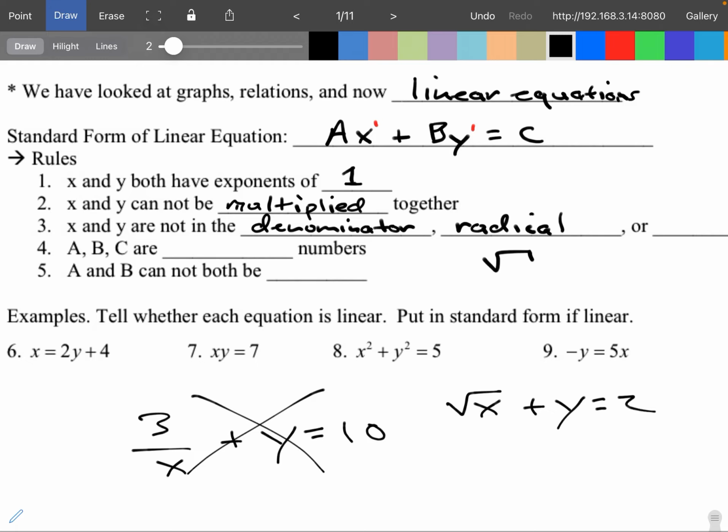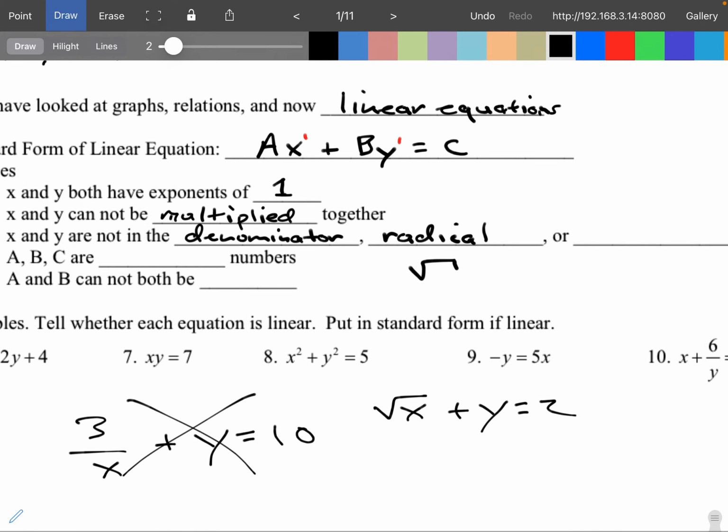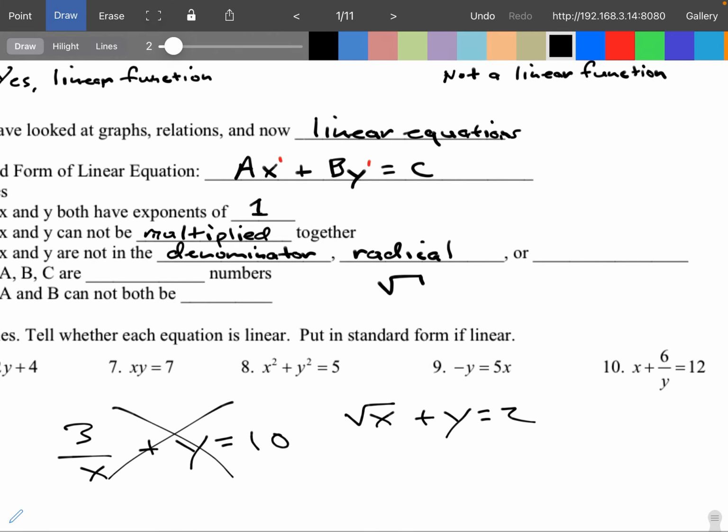And then x and y cannot be in a radical. A radical is like a square root or a cube root or something like that. So you can't have the square root of x plus y equals 2. That's not a linear equation. And then the last one is x and y cannot be in the exponent.